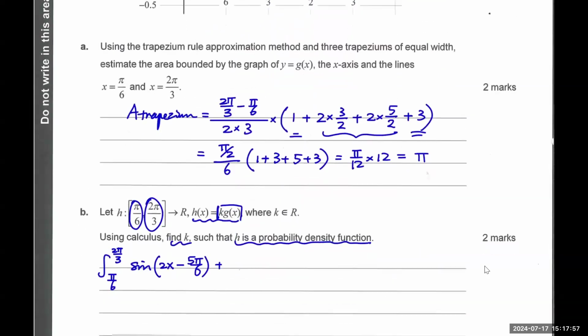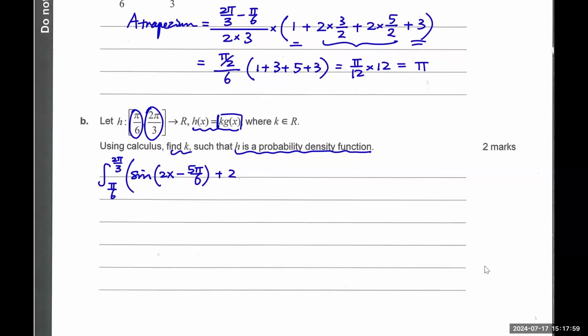Is that plus 2? Yep. I will need to find the antiderivative and sub in the values to show this is actually pi. Then k must be 1 over pi such that the area under the curve after dilation is 1.